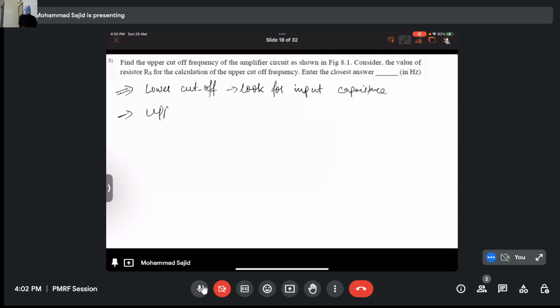For upper cutoff, look for input effective capacitance, if your elastic capacitances are given, and again for upper cutoff, output capacitance.